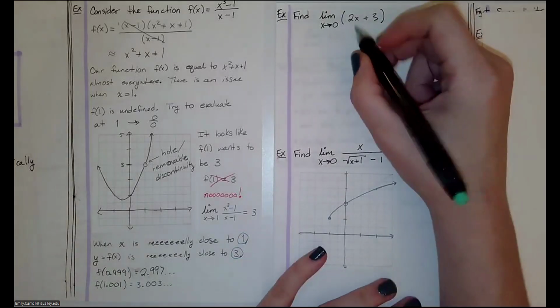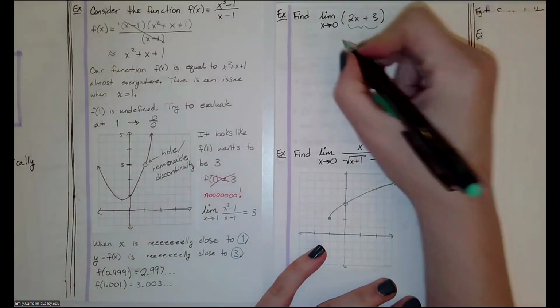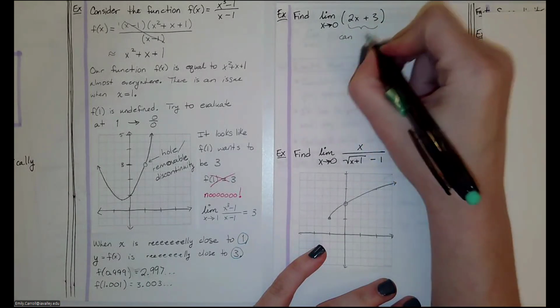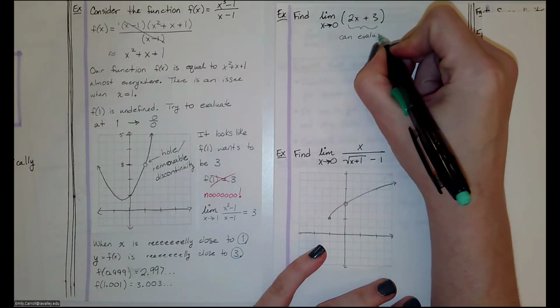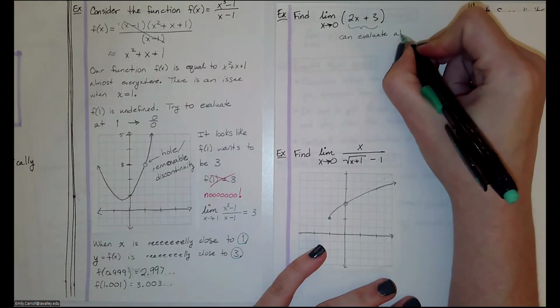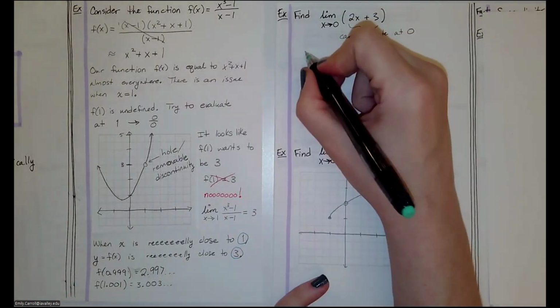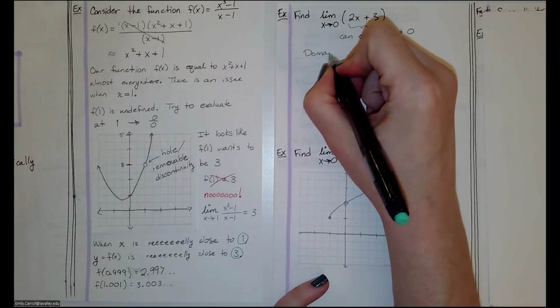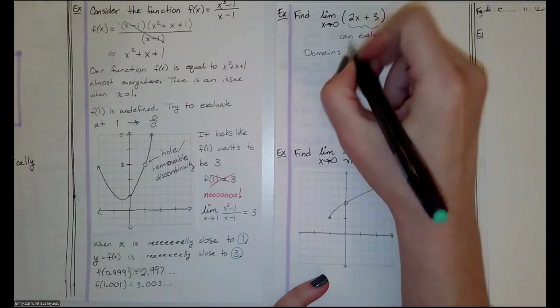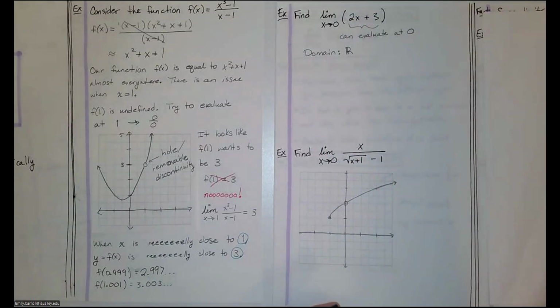Why? Because we can evaluate that at 0. Right? There's nothing special about 0 as far as this function is concerned. The domain of this is all real numbers, including 0.